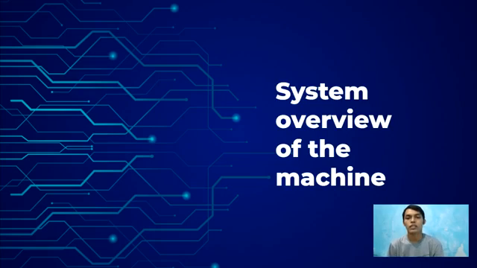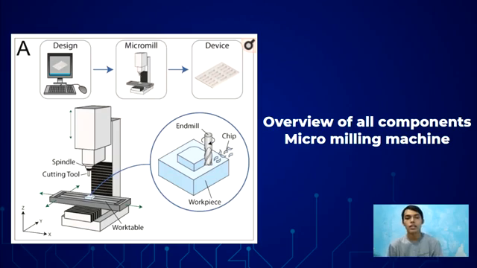Next part is the system overview of the machine. First, an overview of all components of the micromilling machine. We can see in picture A that micromilling has some components. First, there is the machine or CNC to set up the design and set up the machine.